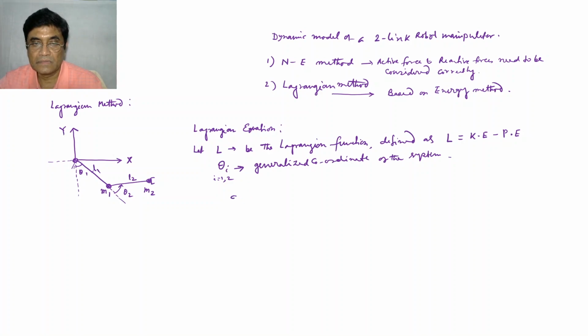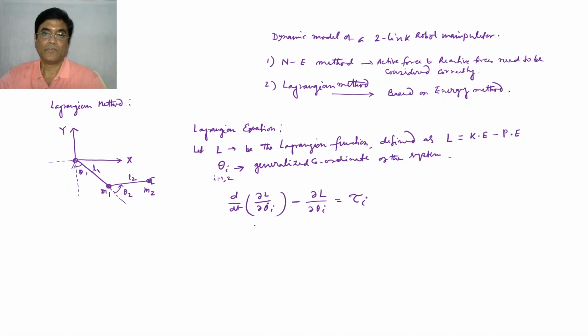The equation is telling this: if you partially differentiate the Lagrangian function with respect to the derivative of the generalized coordinate, and then again differentiate it with respect to time, minus the Lagrangian function differentiated with respect to the generalized coordinate, then this will give you tau, that is the torque.